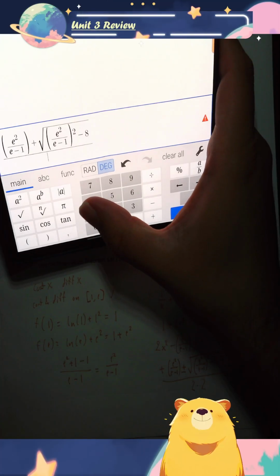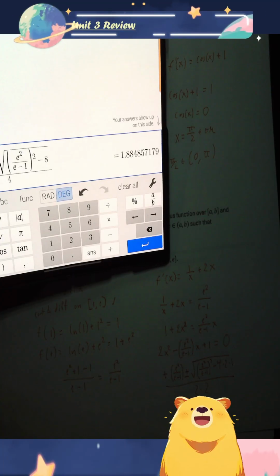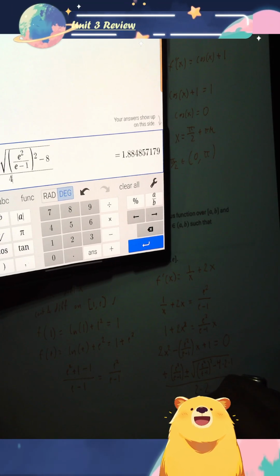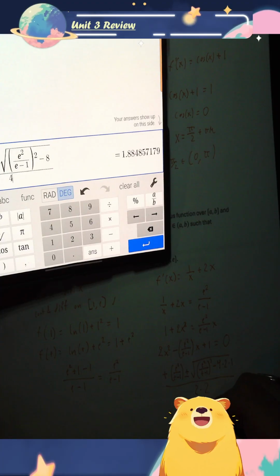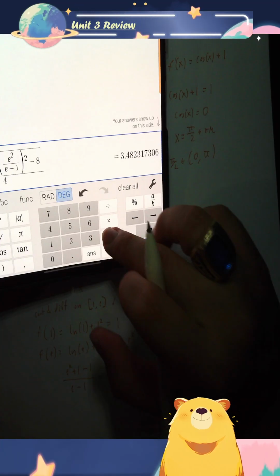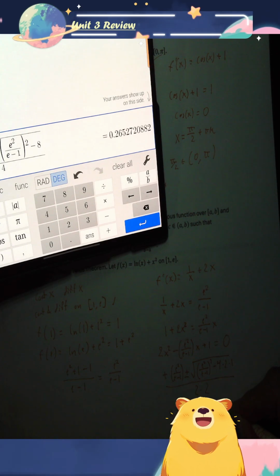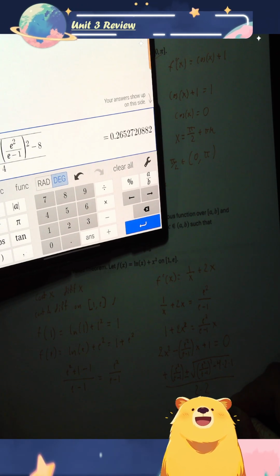And divided by 4. So I get a solution of 1.88 and 2.67.